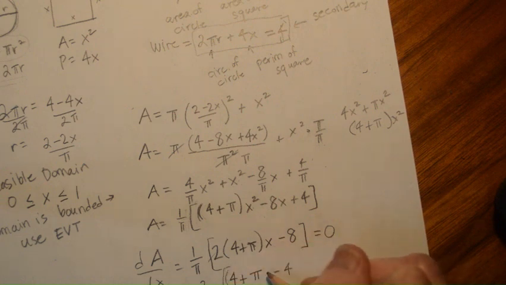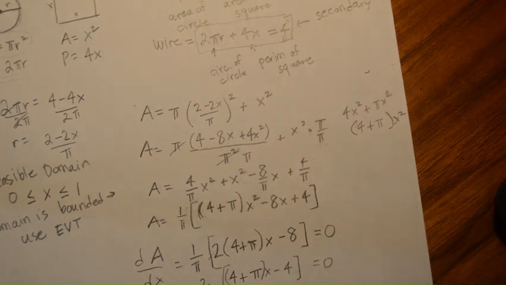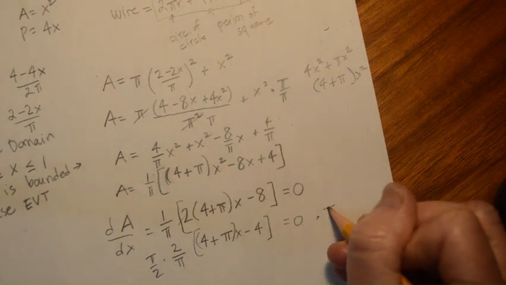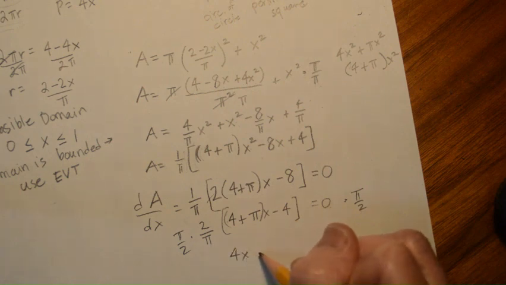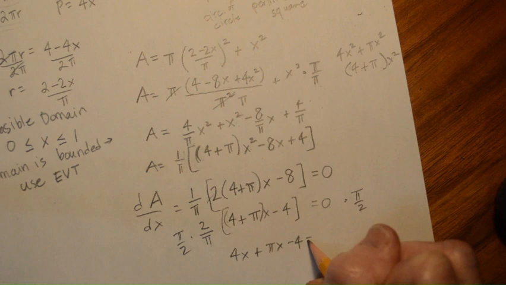Whoops, I forgot the x. And I want that to equal 0. I'm going to multiply both sides by pi over 2. So this just ends up giving me 4x plus pi x minus 4 equals 0.